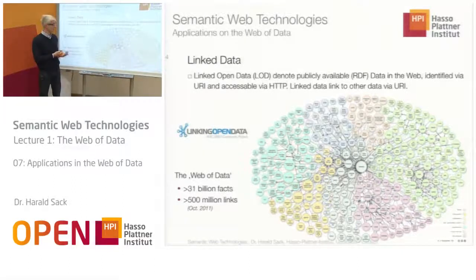For example, there are ontologies and facts in the linked data cloud about general information, about encyclopedic information like in the Wikipedia. And there is, of course, also many information related to science and bibliographies.